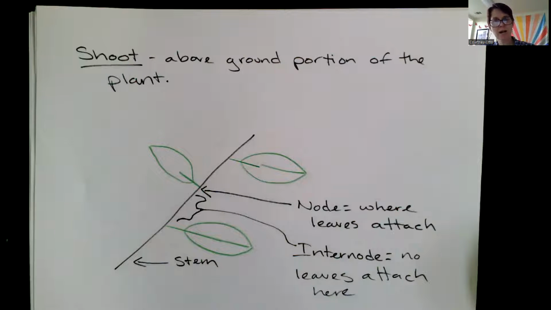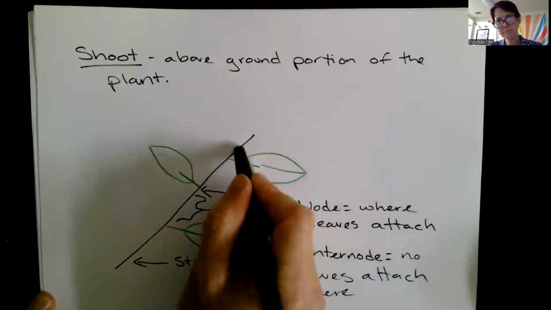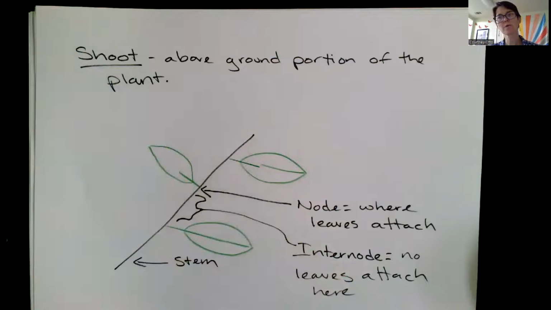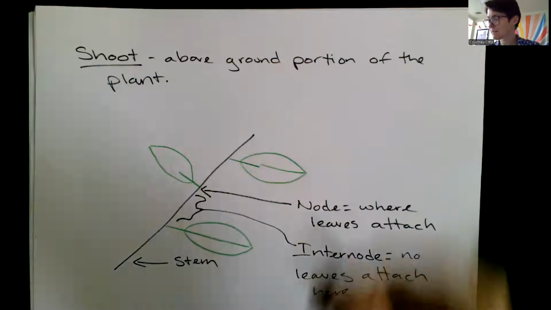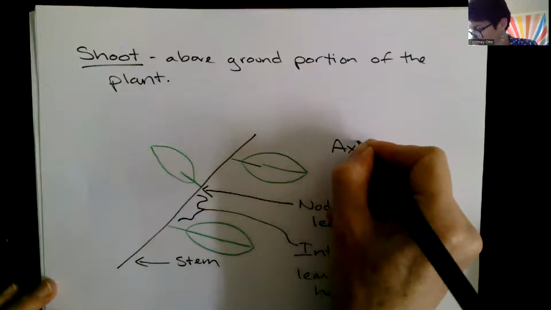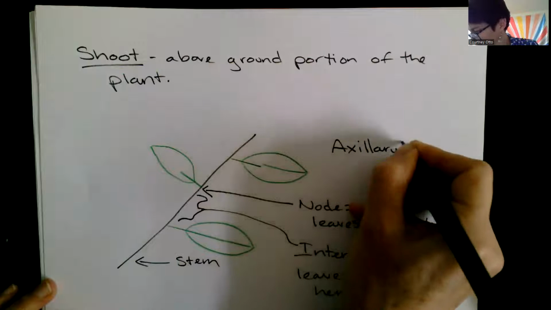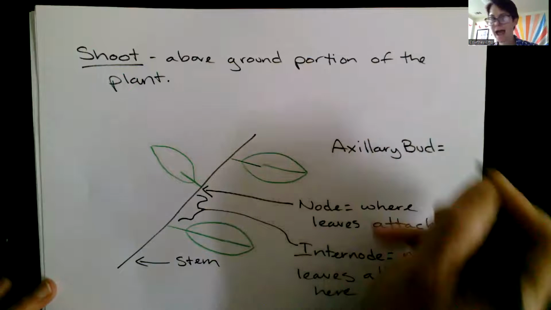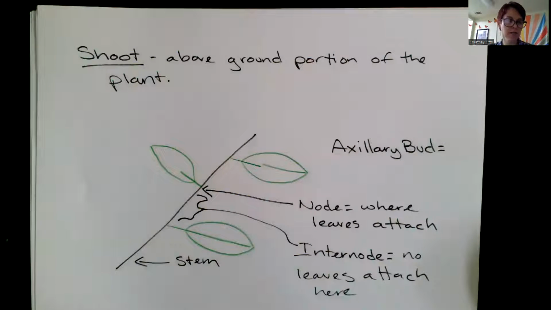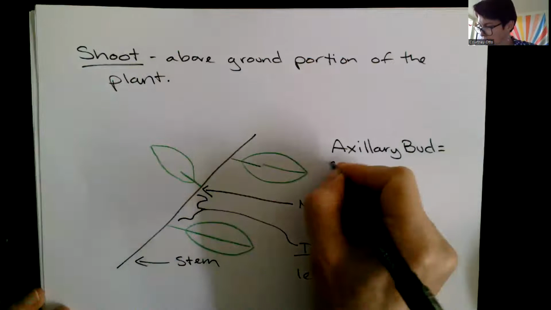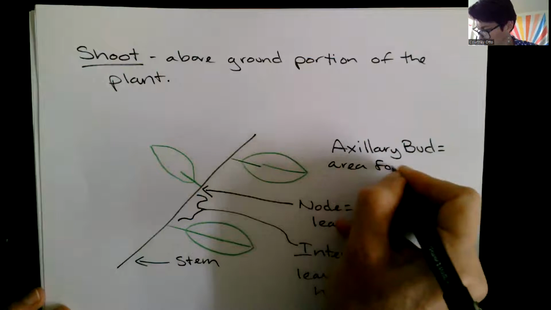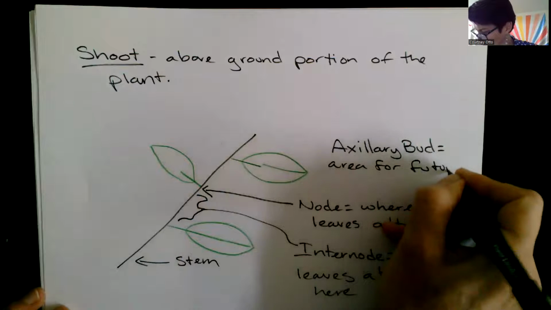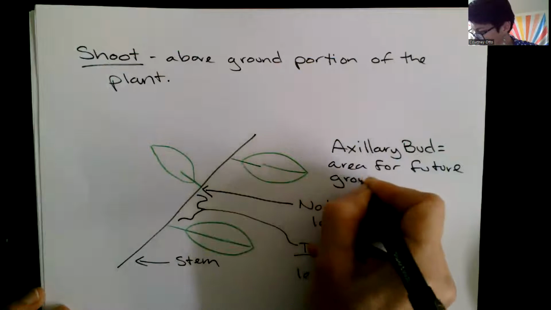Now, one final thing that I want to add to this drawing is that in this little angle, in between the leaf and the main stem, is where we're going to find what we call axillary buds. An axillary bud is really just an area for future growth. We're going to be talking about this soon, right?